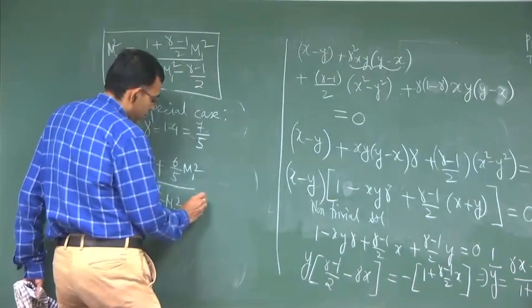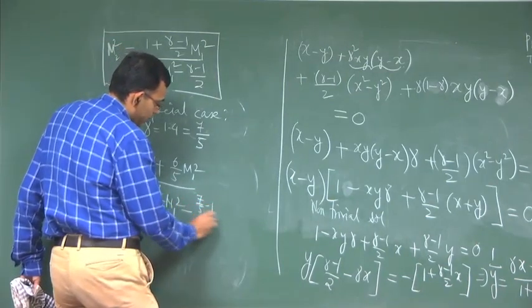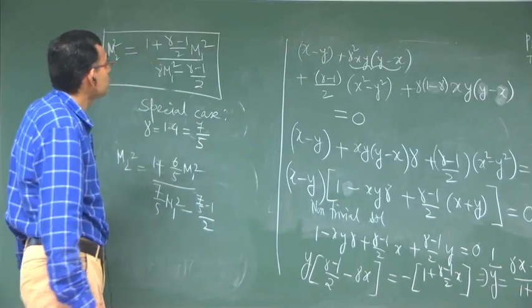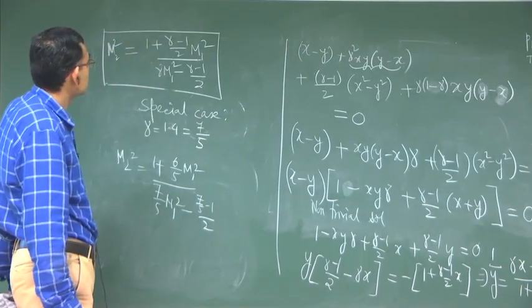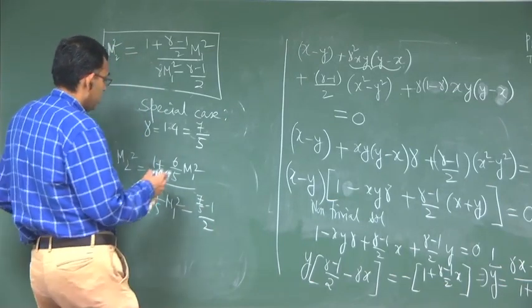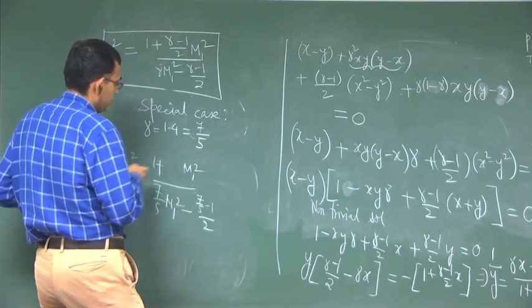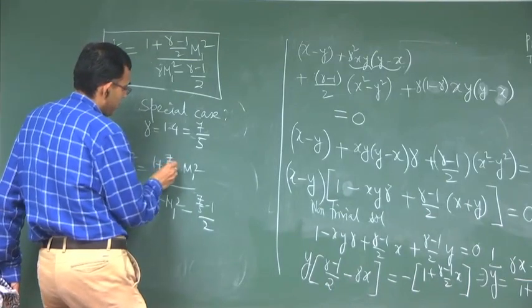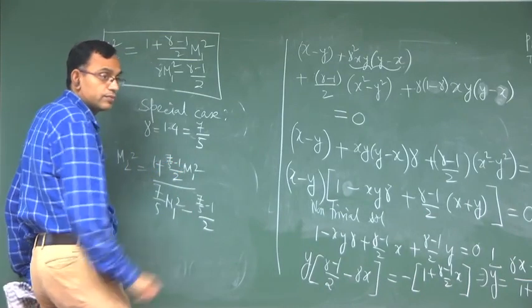So, 7 by 5 minus 1 by 2. Here also, right, 7 by 5 minus 1 by 2.